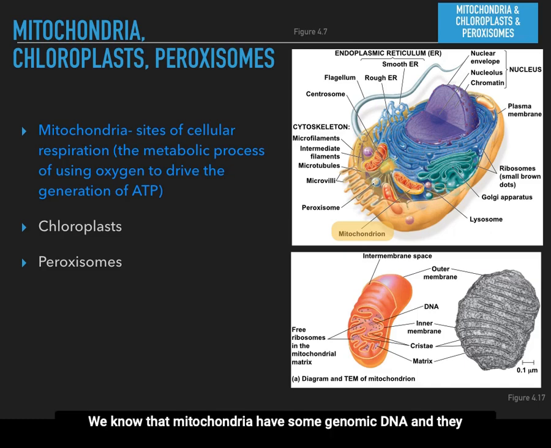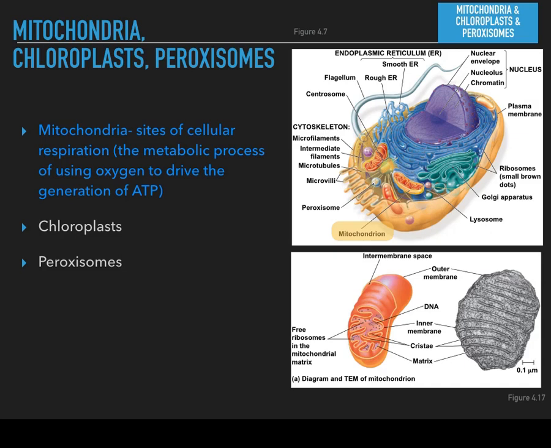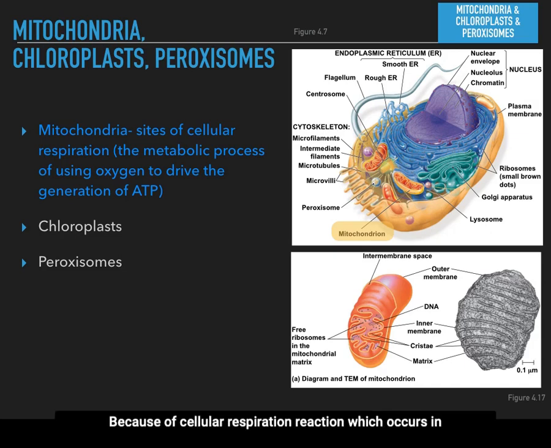We know that mitochondria have some genomic DNA, and they are the site for cellular respiration, which you will cover more in Bio 111. Because of the cellular respiration reaction, which occurs in the mitochondria, mitochondria generate ATP, and because of this, they are known as the powerhouse of the cell.